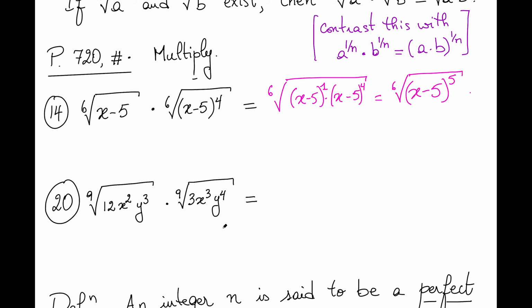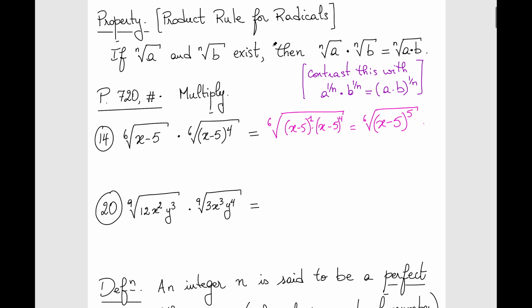Number 20. Same thing. I'm still going to apply the product rule for radicals, this one. The n is 9, it's the same n. The a is this guy, 12x squared y cubed, and the b is 3x cubed y 4.